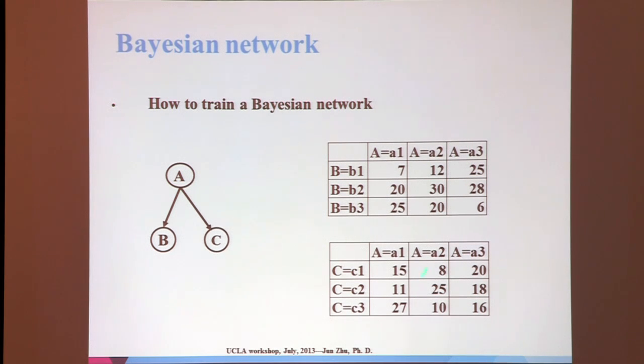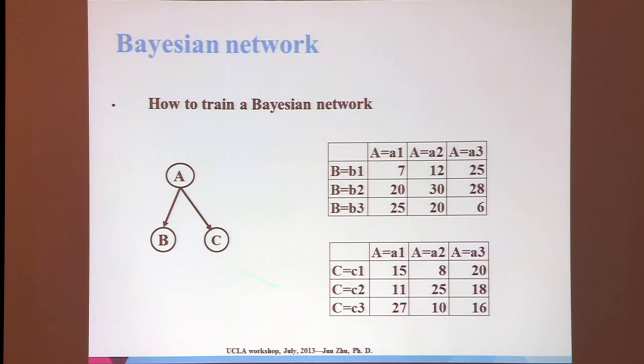If you have multiple states, consider how many cells you need to fill in for this table. So for each observation, you have an A to B relationship. Then you count, for A equal to A1, how many observations fall into B1, and into B2. Then just fill in this table. If you have 2 by 2 states, or 2 by 3, then you have a 2 by 3 table. This one is in general 3 by 3. You can extend this: if you have 5 states, then it's 3 by 5.